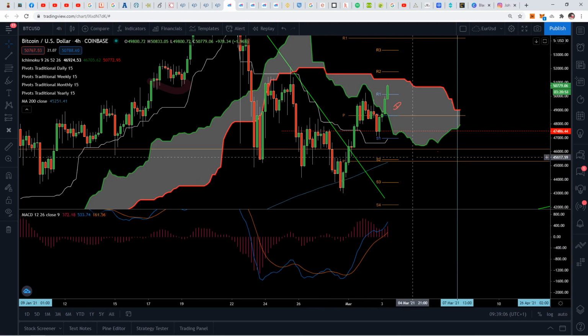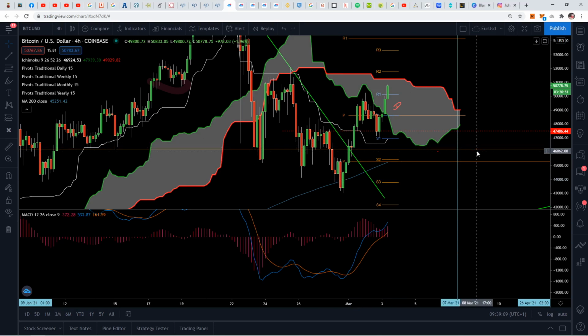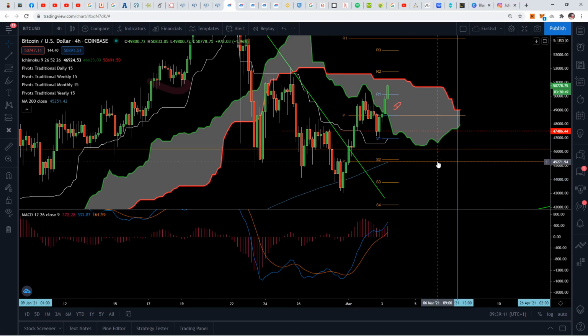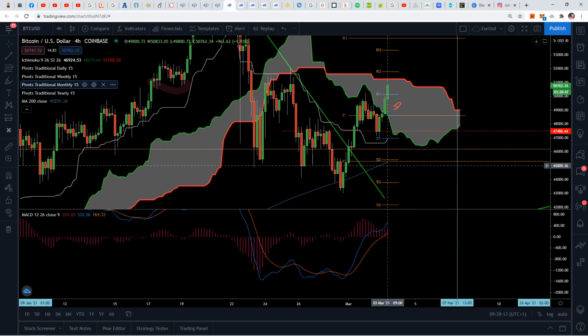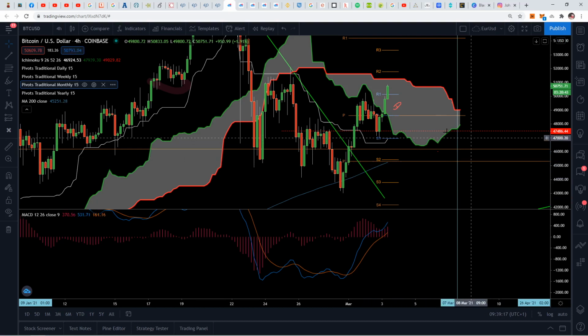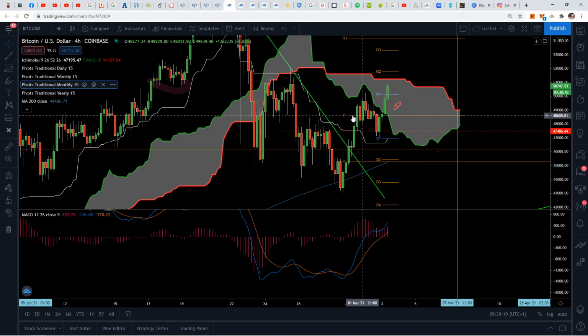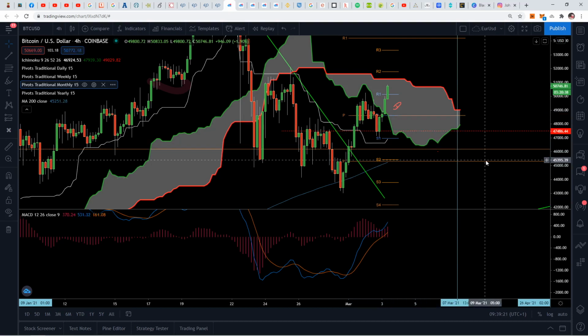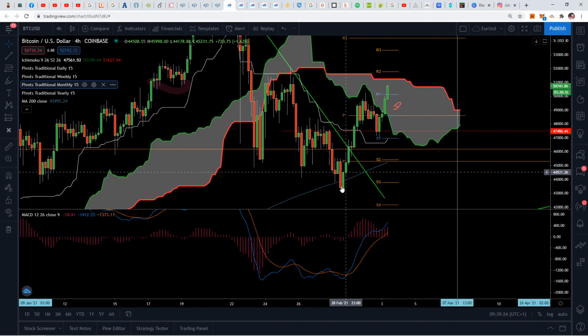Another thing, if you're looking at the pivot point system here, which I use as an additional tool, we've cleared these. This is the new monthly pivot point, and we have tested that out, cleared that one, which was good.